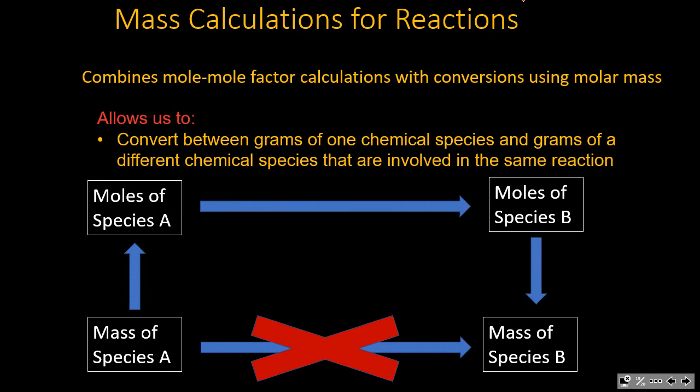Then we convert across the chemical equation for the reaction to moles of CO2, and then convert moles of CO2 back into mass of CO2, like in tons. You have to go up and around to get there. You cannot go straight across.